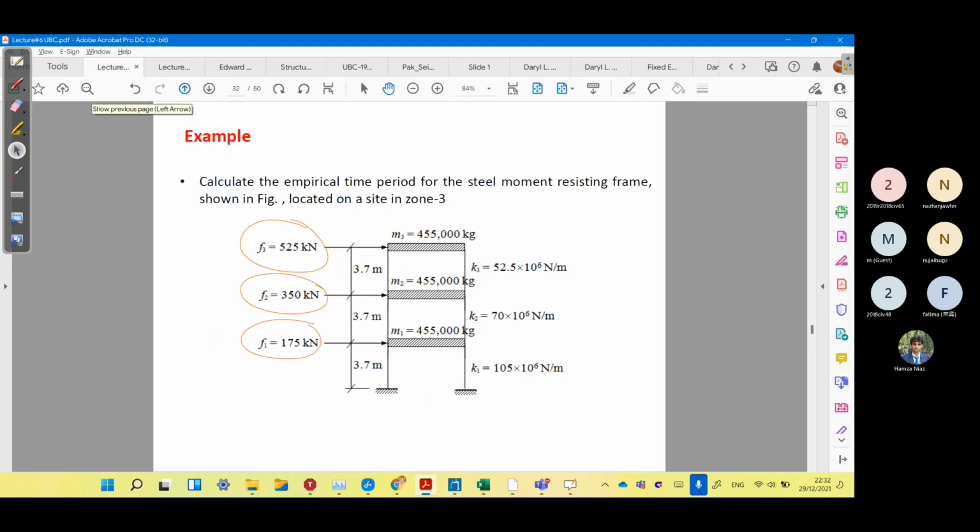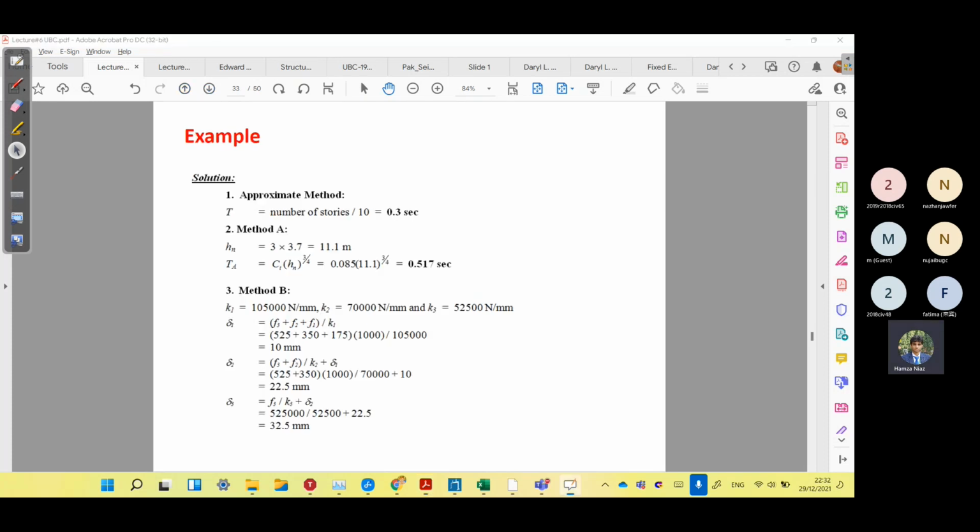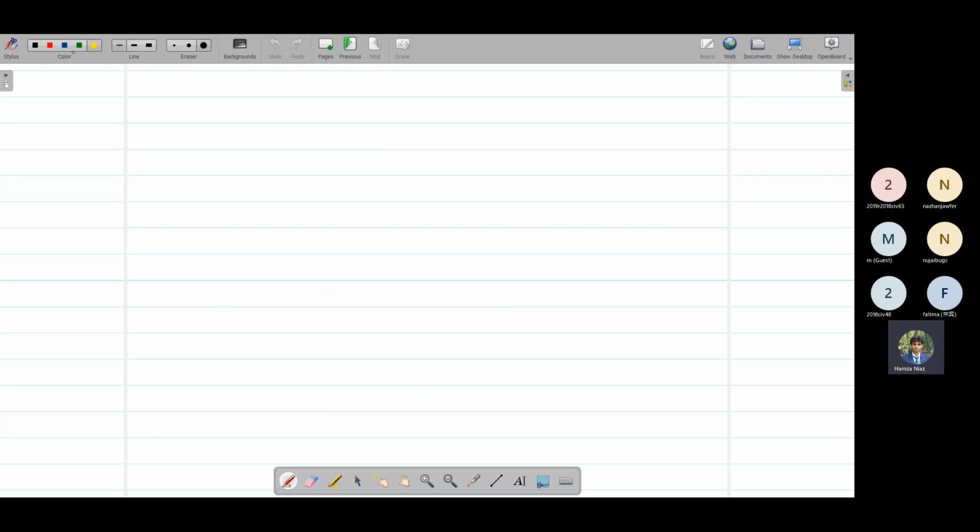So this is a 3-story building, and F1 is acting at the first story, F2 is acting at the second story, and F3 is acting at the third story. So we have to calculate its exact time period. For this, we are going to use the stiffness method.